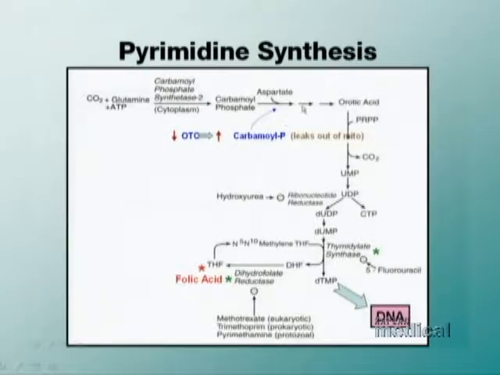So other than the fact that orotic acid is within this pathway, I wouldn't worry about any of these intermediate steps. What I would worry about is this enzyme called ribonucleotide reductase. Ribonucleotide reductase is what takes a ribonucleotide and converts it to a deoxyribonucleotide. So ribonucleotide reductase is what removes that hydroxyl group from the 2' carbon of the ribose sugar.